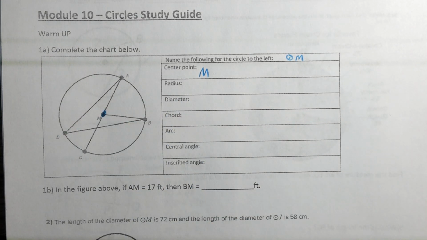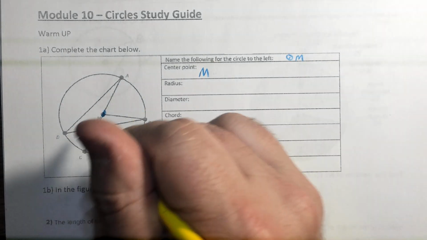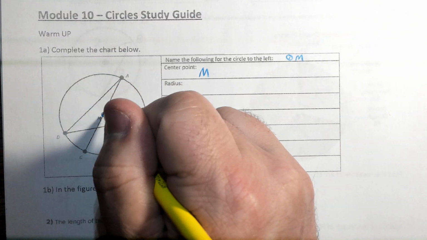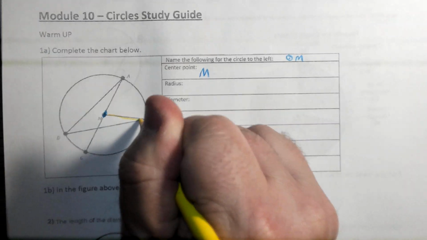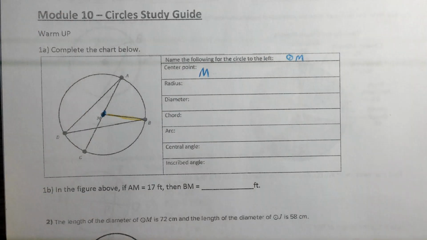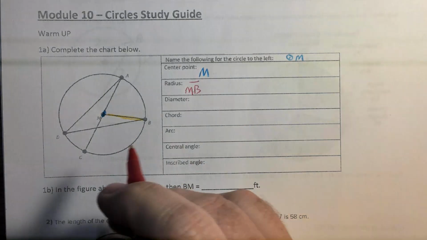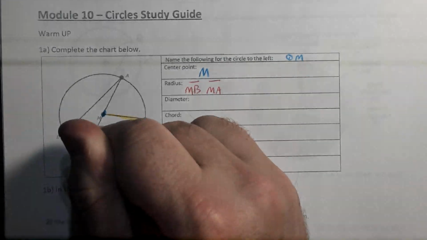All right, so radius. We see this is the diameter because it goes through the center point, but MB is a radius, and so is MA and MC.